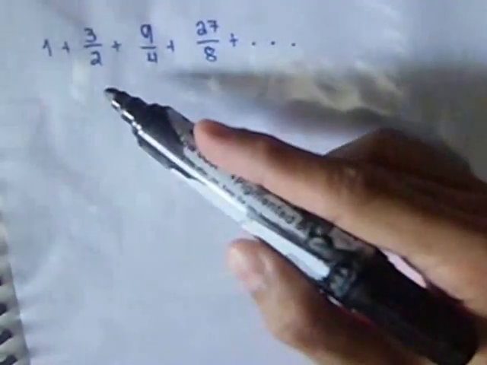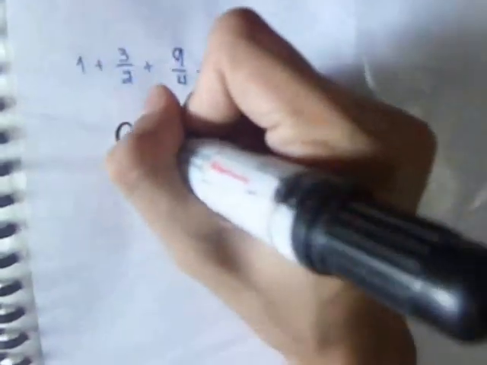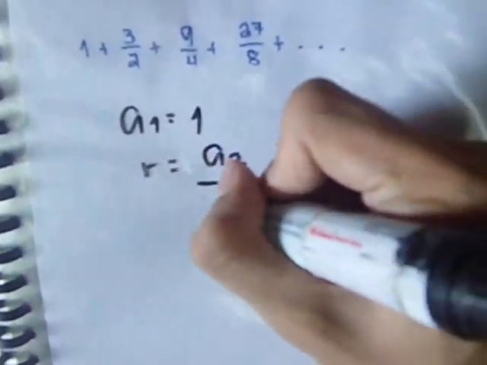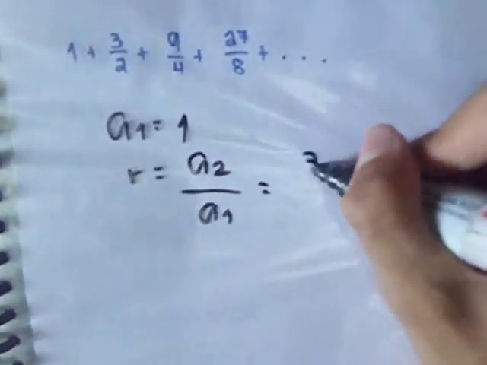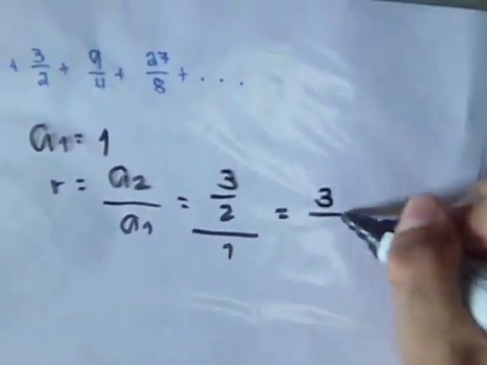For our last problem, let's just find the sum of this infinite geometric series. 1 plus 3 halves plus 9 over 4 plus 27 over 8. So we have a sub 1, of course, is equal to 1. And our common ratio is equal to a sub 2 over a sub 1, which is equal to 3 halves over 1, simply equal to 3 halves.